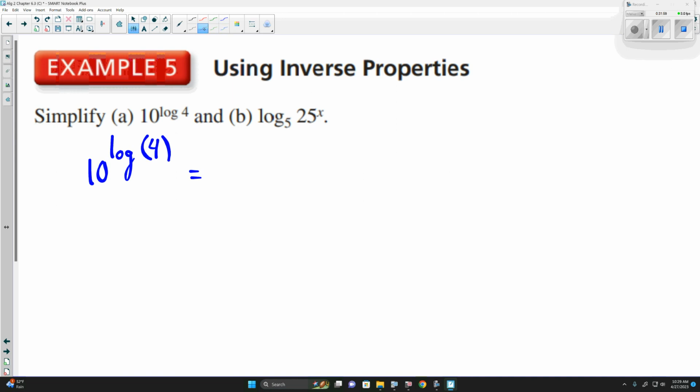Now the first one here, 10 to the log of 4, well, the base is understood to be 10. If it's not written, it's understood to be 10. Well, the base and the base of the log are the same, so this will simplify out, leaving us with what's inside the log, which is 4.